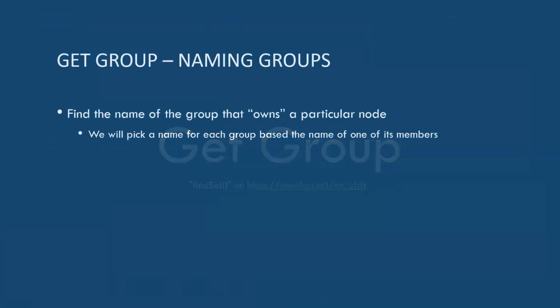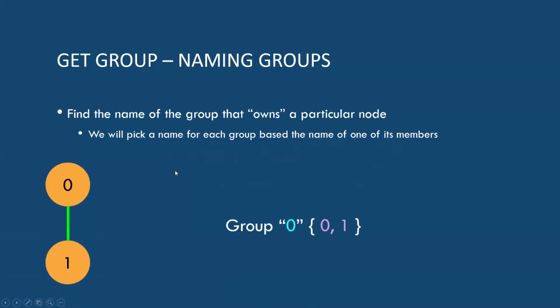So let's take a look at our naming of groups again. So just reminding you that whatever node is at the top is going to be our component ID. So in homework 6, our component IDs go from 0 to up to some number less than n, right? But here they're not in serial order. It could be whoever is at the top, right?